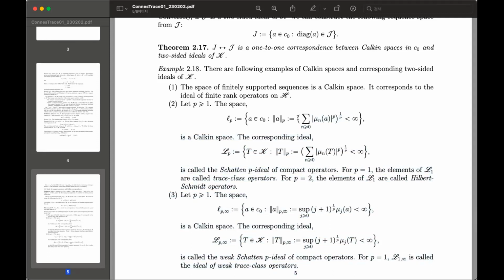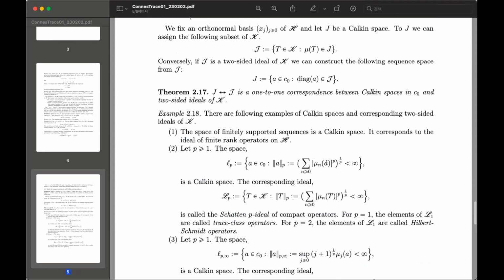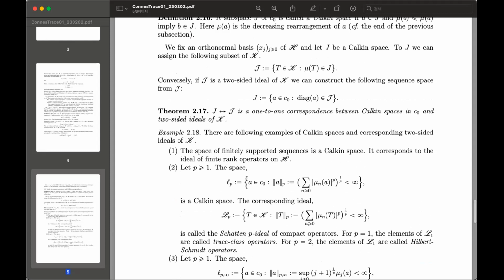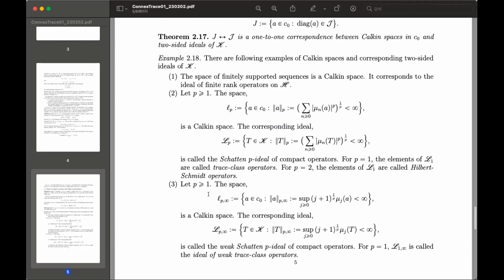This norm of the small lp space seems a little bit different from the usual definition you learned from the analysis course, but it still gives us exactly the same norm after we do the decreasing rearrangement of the given sequence A. So the small lp space is the typical example of the Culkin space, and the weak lp space, which is denoted by small l sub p comma infinity.